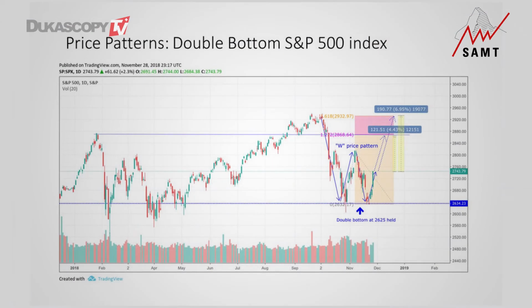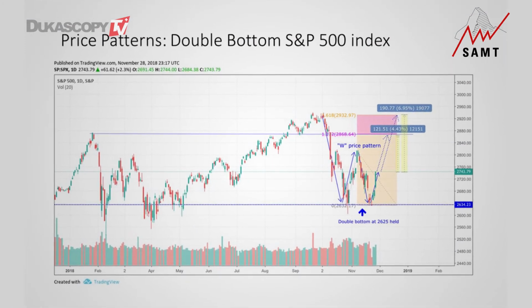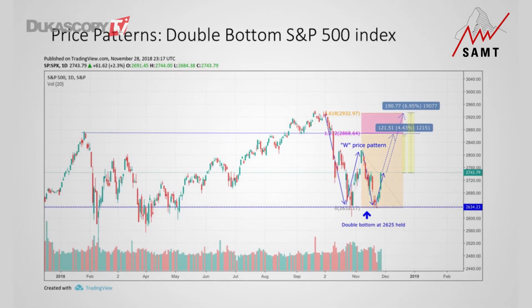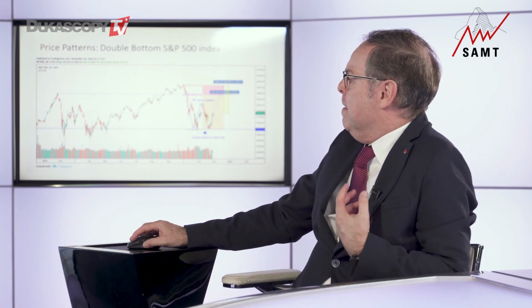This W pattern formation may indicate, I always say may indicate, an opportunity for entering a trade with a 4 to 7% reward. And if this pattern is not confirmed, we can use a different level of price at 2,625 as a stop loss when entering a position at the current price levels.